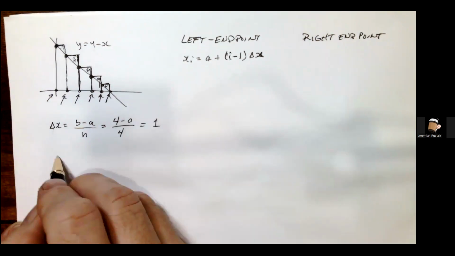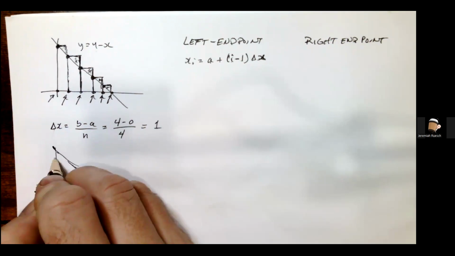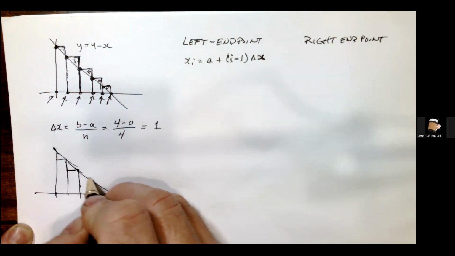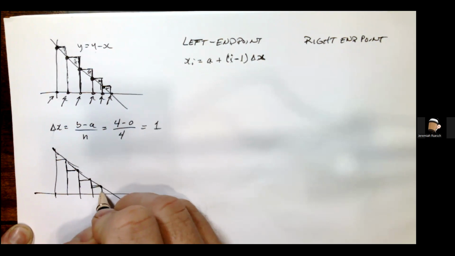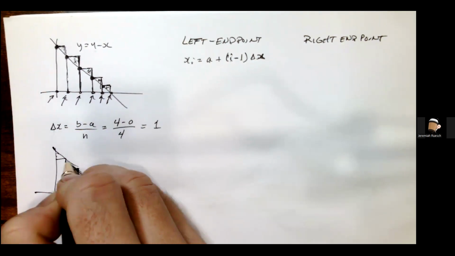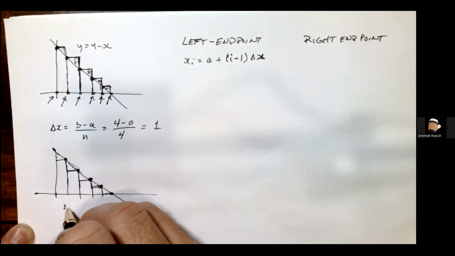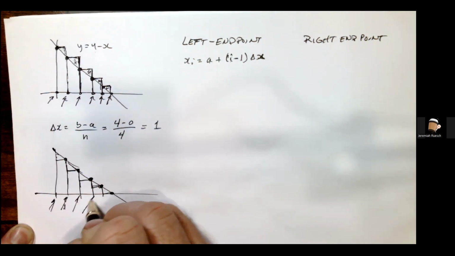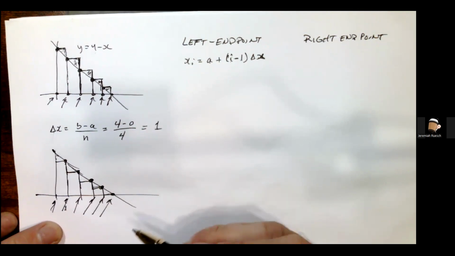Our right endpoint, if I draw this picture, the right endpoint is going to correspond to where the heights are determined by the right side of each rectangle. So each of, not that one, but this one, and this one, and this one, and this one, and this one, will determine the corresponding height.